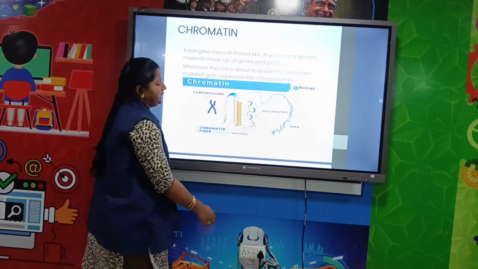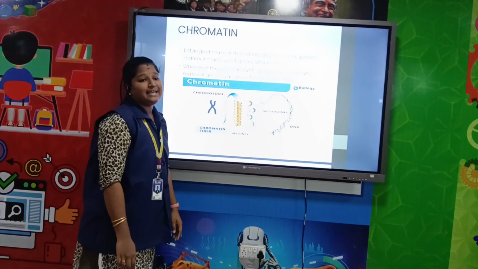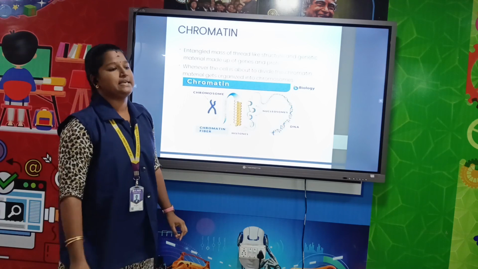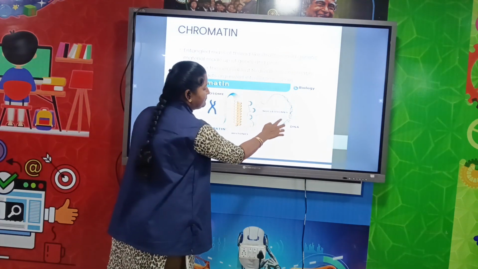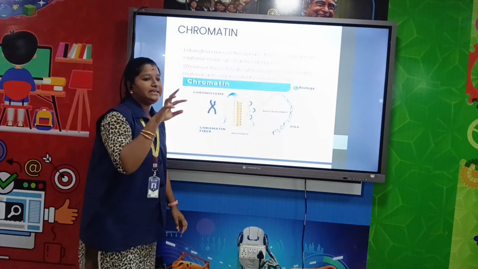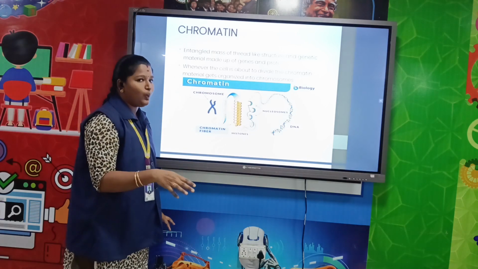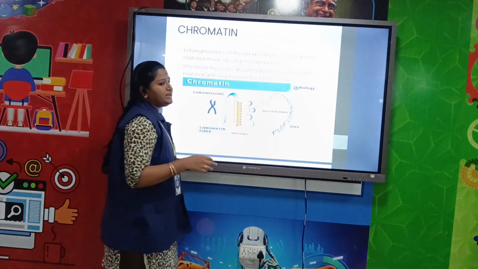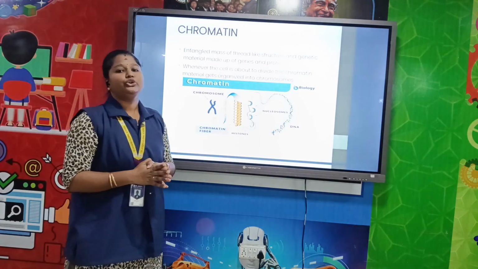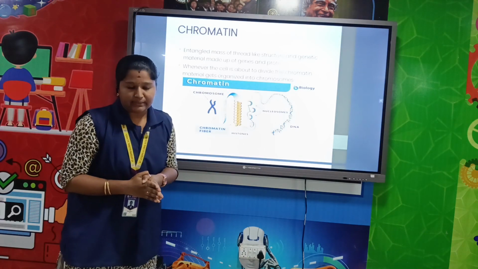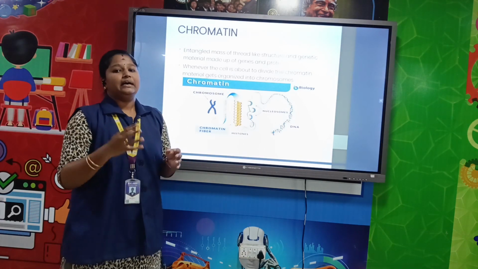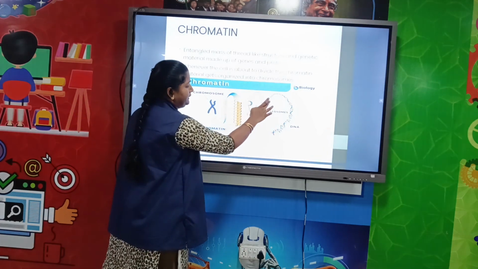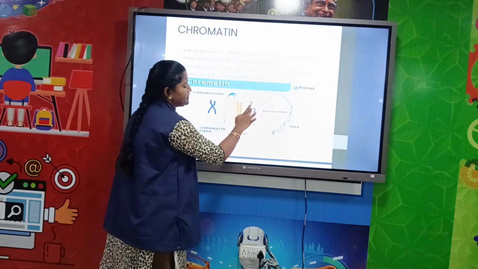Initially DNA. We know that DNA is a double helix molecule, a double stranded molecule. Whenever it unwinds the helix, the nucleosome will attach to it. What is nucleosome? Nucleosome is a protein that will attach to the thread-like structure, that is the DNA.